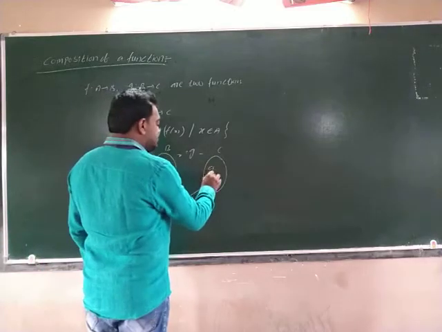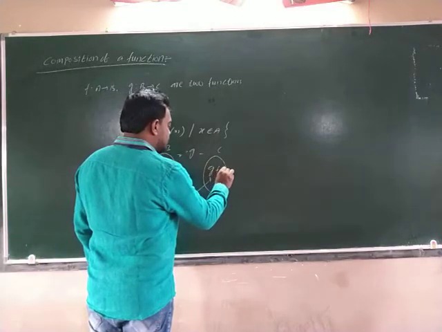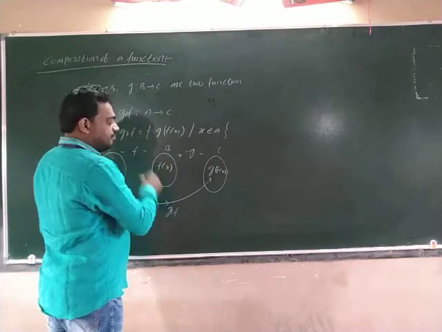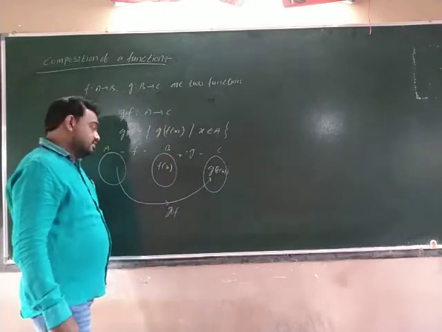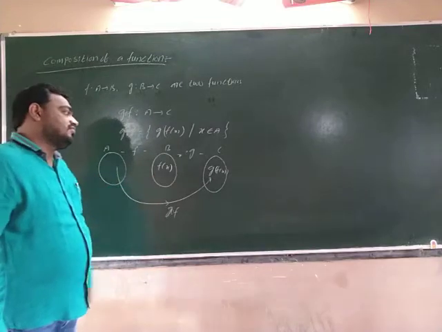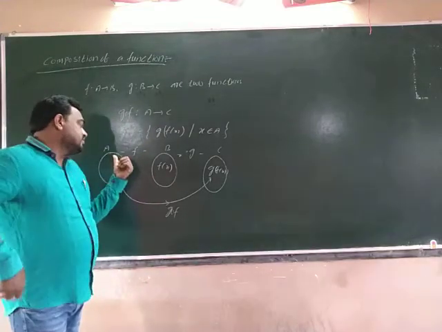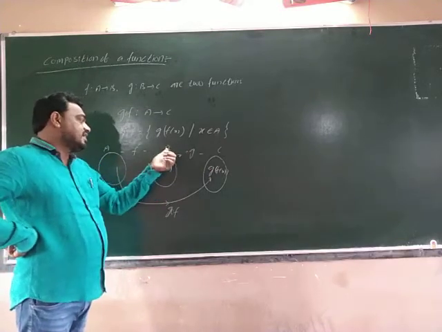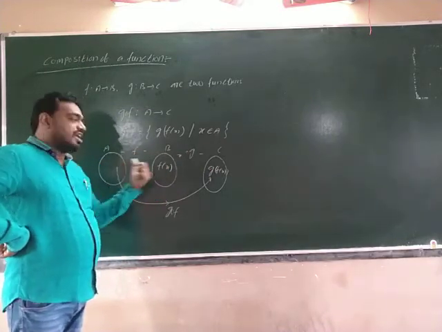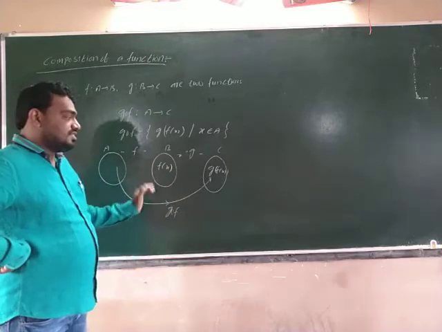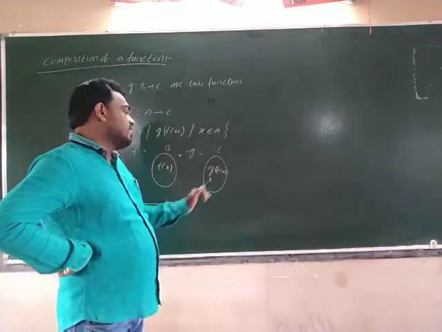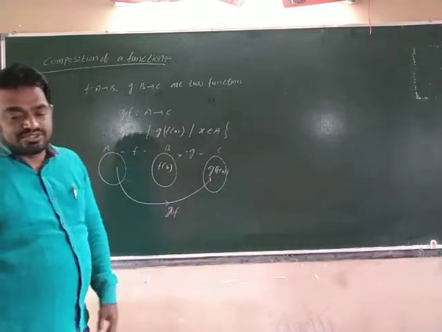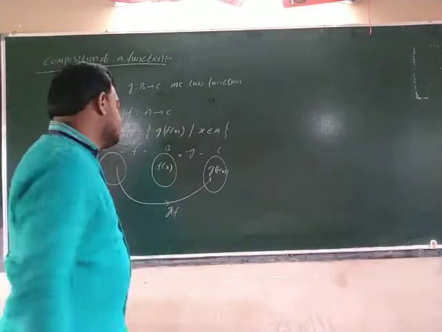Here this is g of f of x, and this is f of x only. F from A to B, g from B to C, then g circle f from A to C. The elements of g circle f are g of f of x, where x belongs to set A.